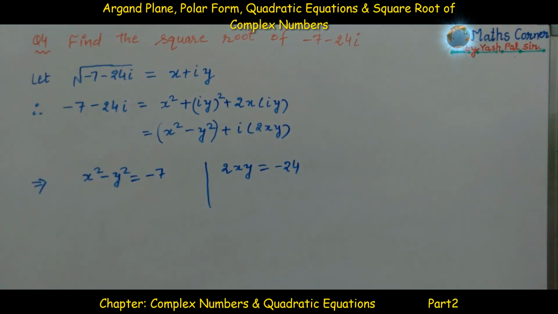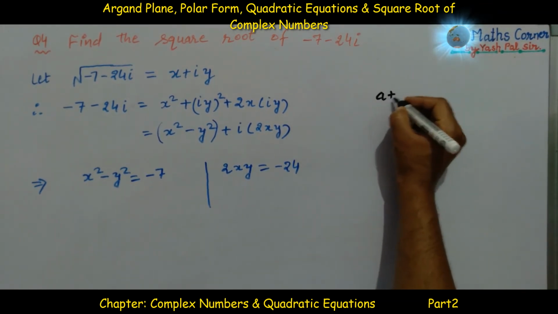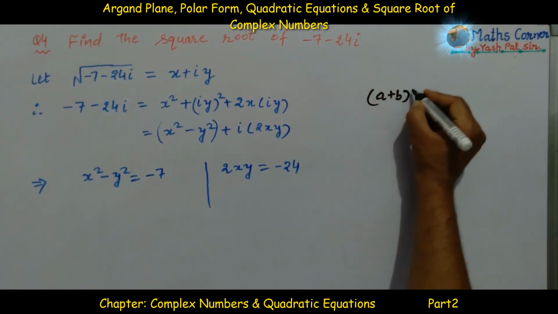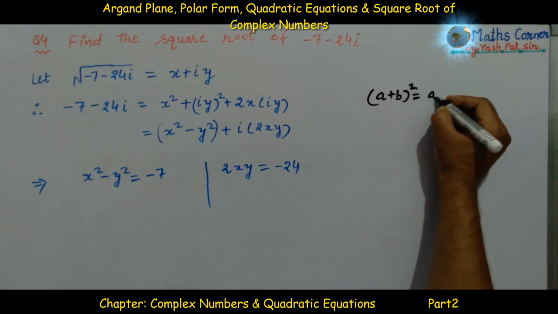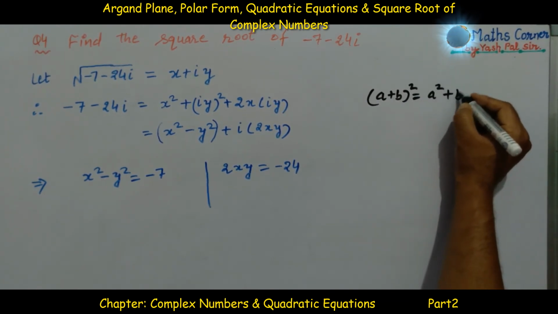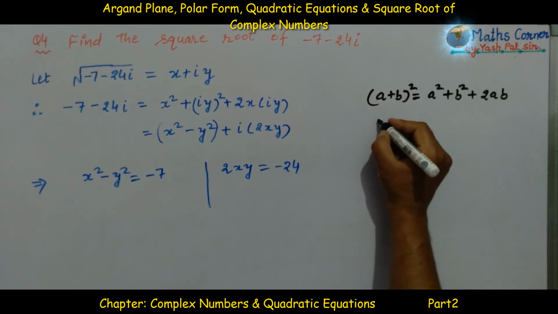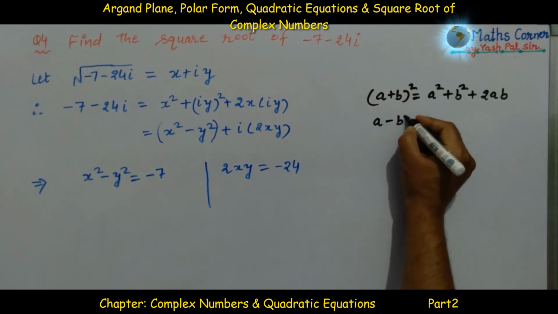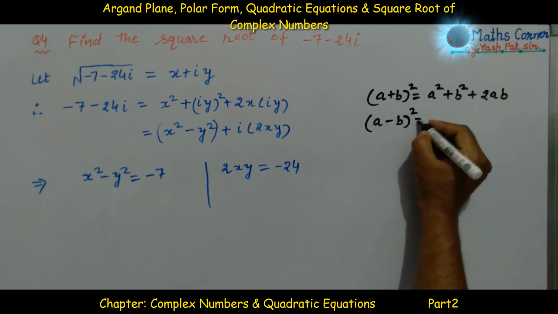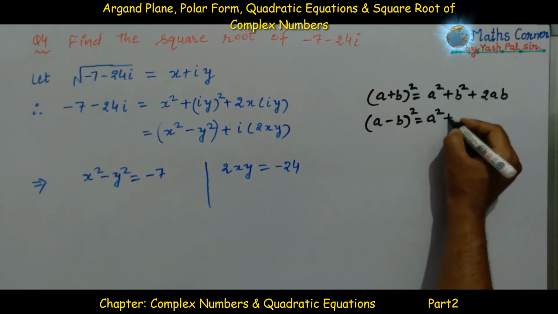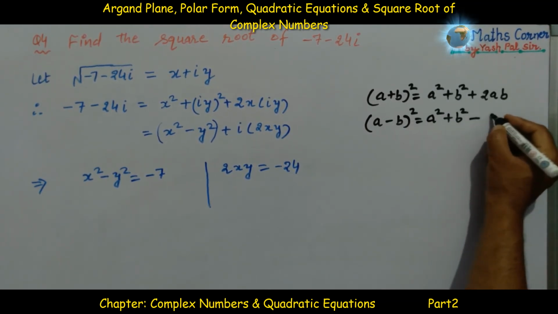Now we know the identity: a plus b whole square is equal to a square plus b square plus 2ab. Likewise, a minus b whole square is equal to a square plus b square minus 2ab.